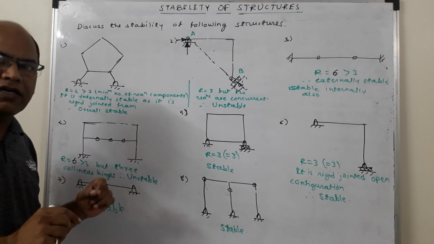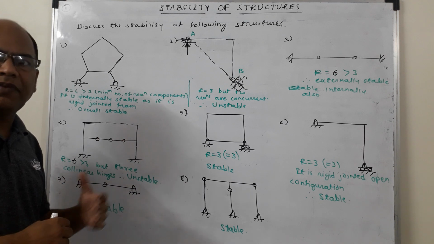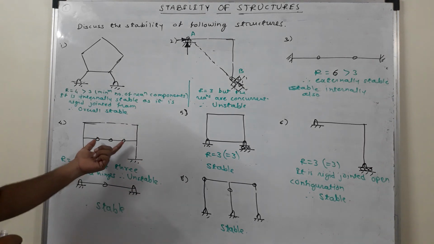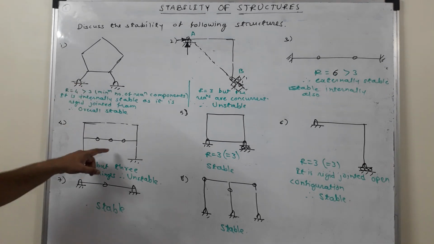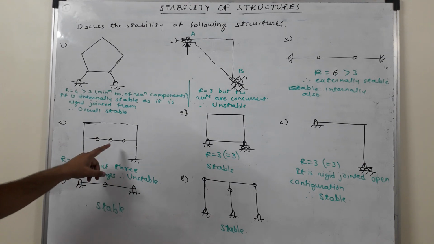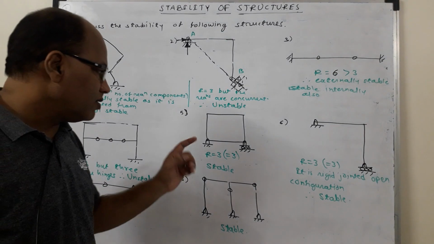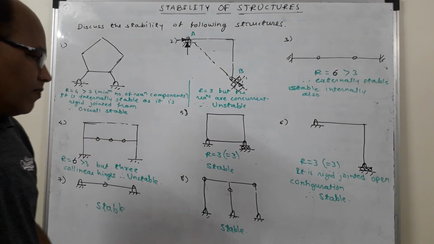So no 3 collinear hinges, because 3 collinear hinges result in a mechanism. A mechanism will get formed and it will be an unstable combination of hinges. So the structure is unstable over here because 3 hinges are provided along the same straight line. 3 collinear hinges result in a mechanism.